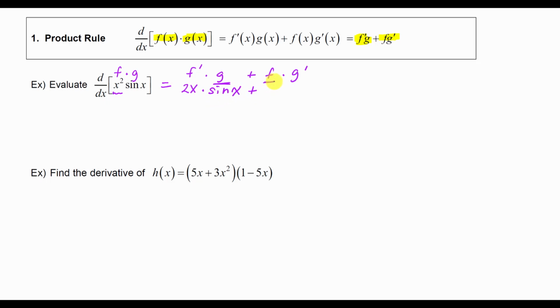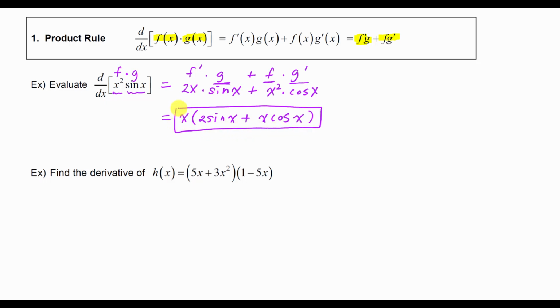Plus, this time, we're just going to write down what f is, which is x squared, times the derivative of g only, and the derivative of sine x is cosine x. And of course, I said it will be a good idea if we start practicing writing the answer in factored form. So you look at these two terms and we see that the common factor is an x. You can take out the x, and you then have 2 sine x plus x cosine x. And that will be the answer to this problem.